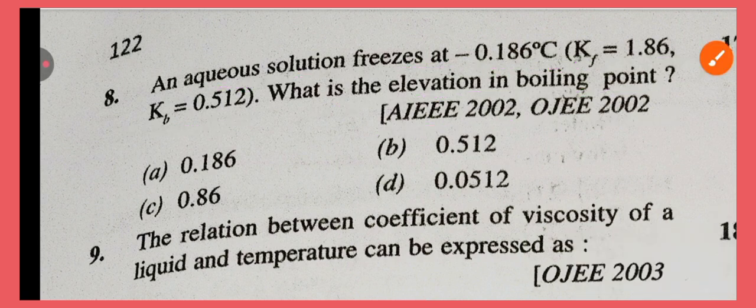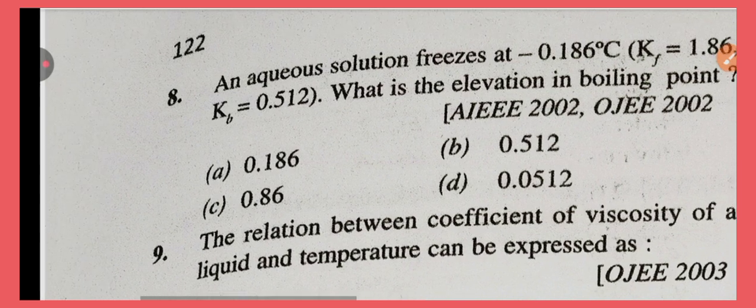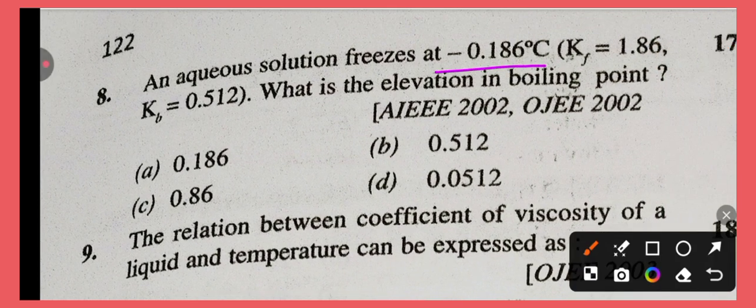Here given, del Tf, the depression in freezing point, is 0.186, cryoscopic constant is 1.86, and elevation constant is 0.512. Here asked: what is the elevation in boiling point?